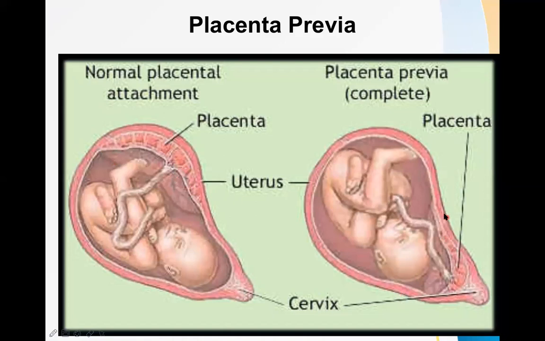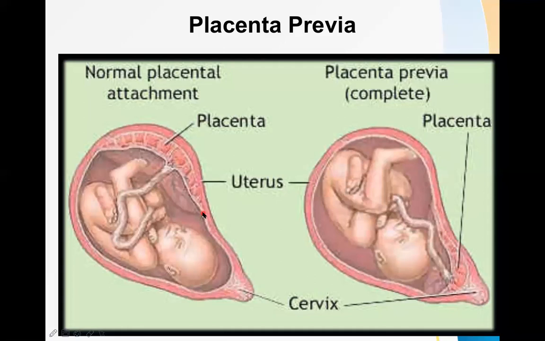Now in this case, look at the attachment of the placenta. See here, it is present in the lower uterine segment. Now the question should come in your mind, what is lower uterine segment, by the way? Look here carefully. You can see a slight constricted part here, a slight constriction, exactly here to be very precise, this one.